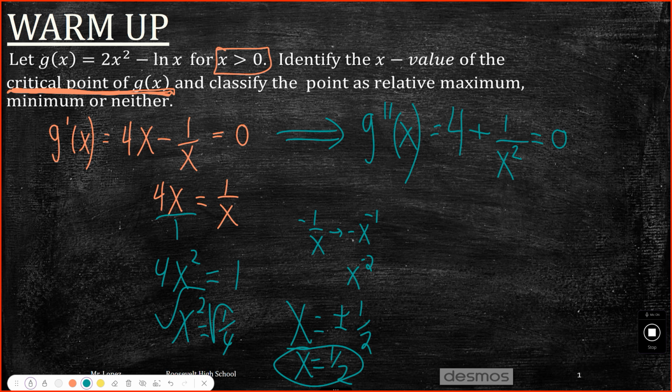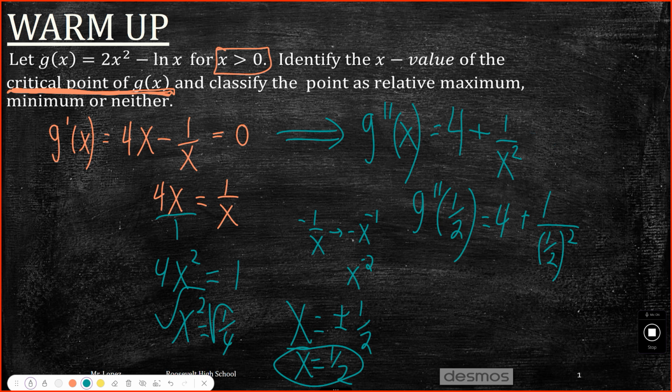So what now? Oh, plug it in, huh? Just plug in x equals 1/2. See what g double prime of 1/2 is. 4 plus 1 over 1/2 squared. Why did I even say equal to 0?